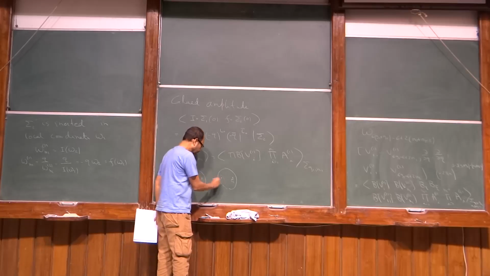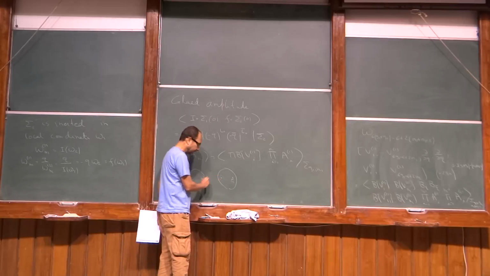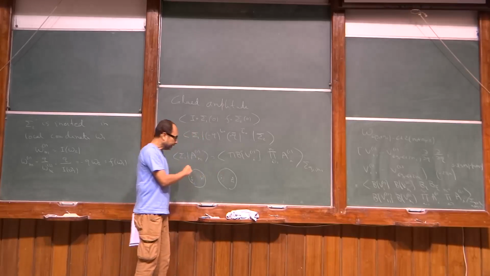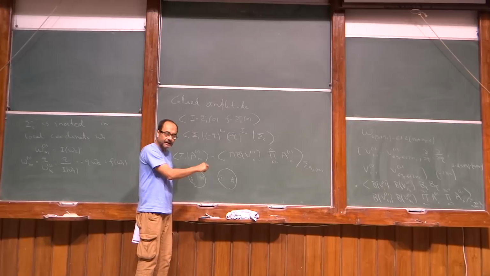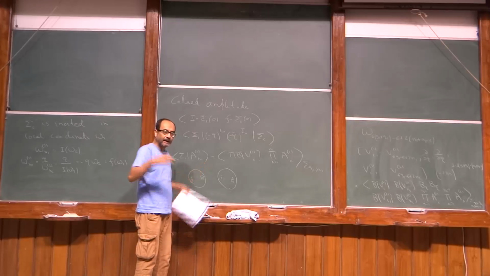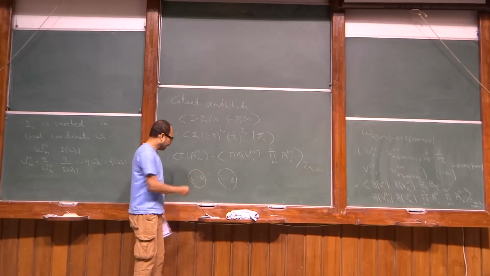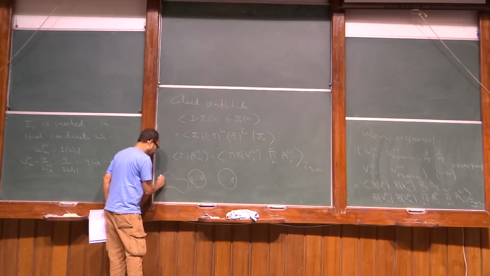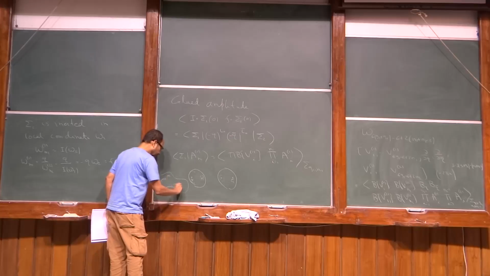I cut out this part over here and glued them. But this then has an interpretation that this was the correlation function that we were trying to calculate originally, because after all, this one is the same as this Riemann surface amplitude.